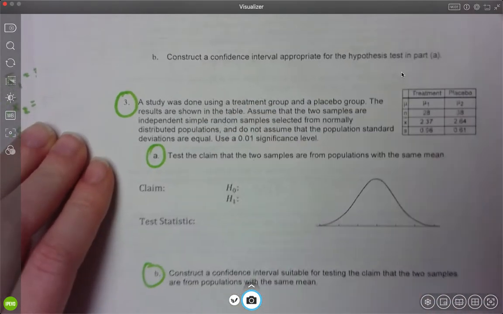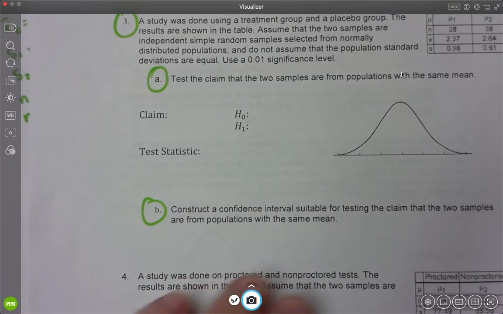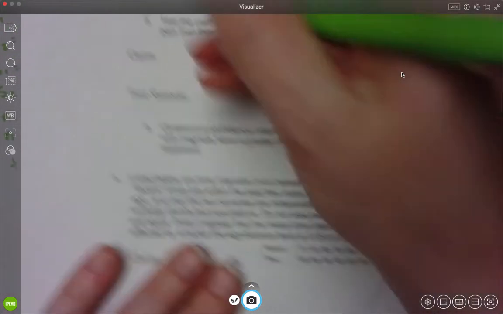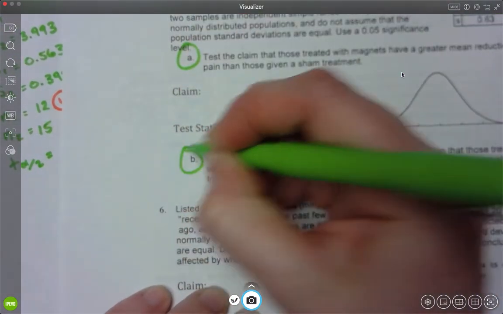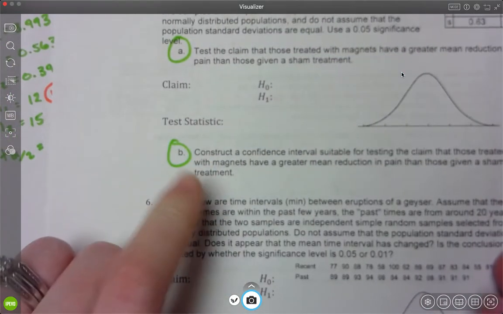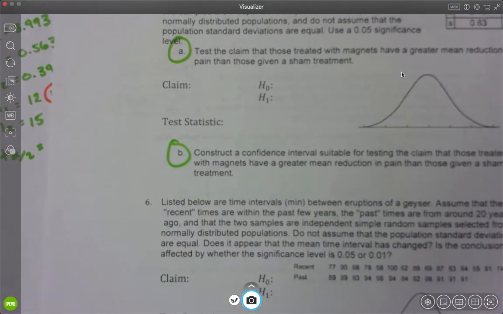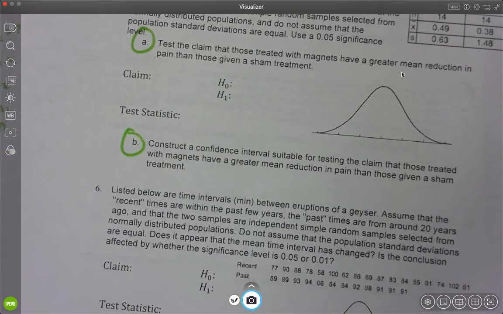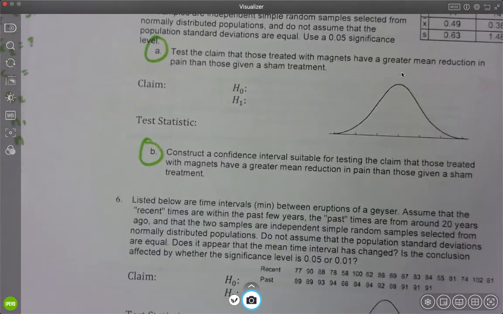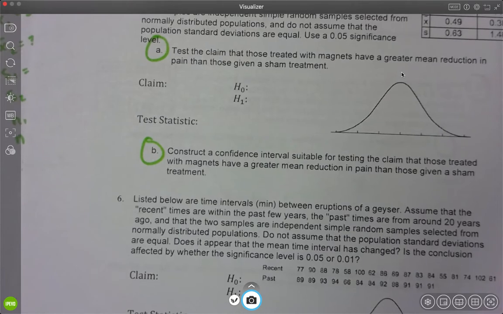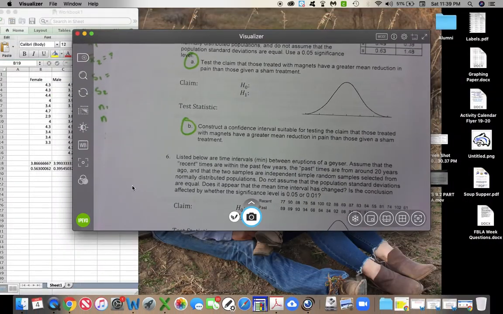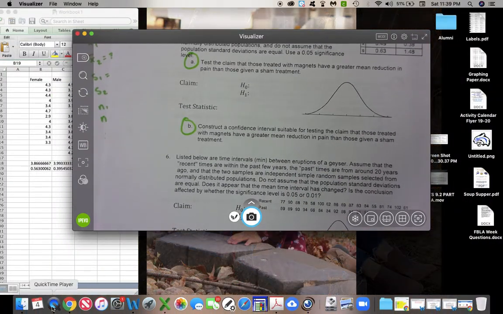Part B is the confidence interval method. Then do number 5, A and B. You should have been able to do 5A yesterday, and now 5B will add to that: construct a confidence interval. So just the odds on this page: 1, 3, 5, both parts A and B on 3 and 5. I will not make you do the evens. So there you go.